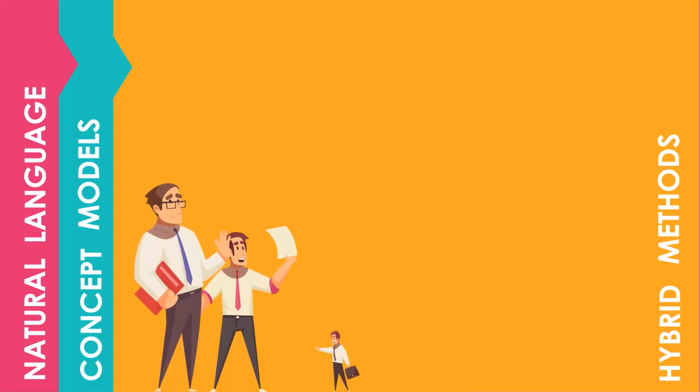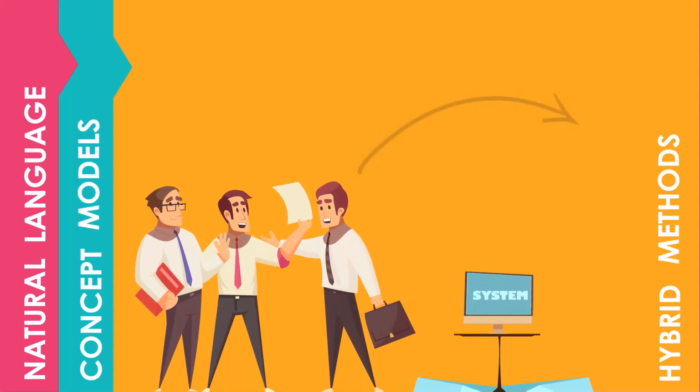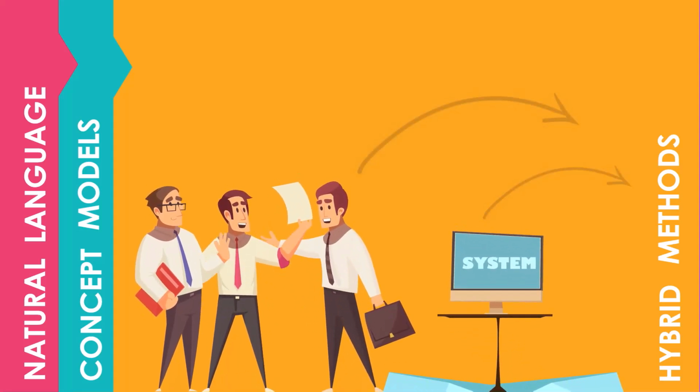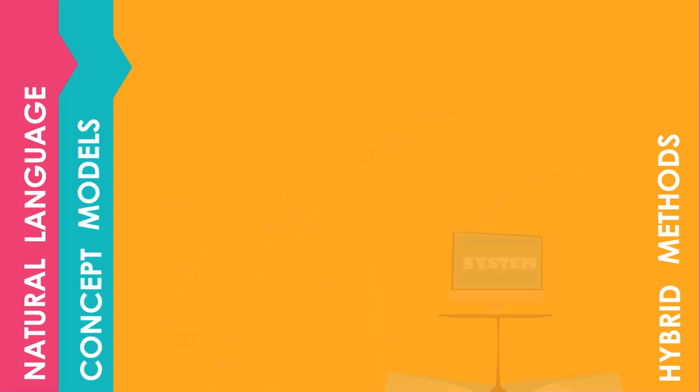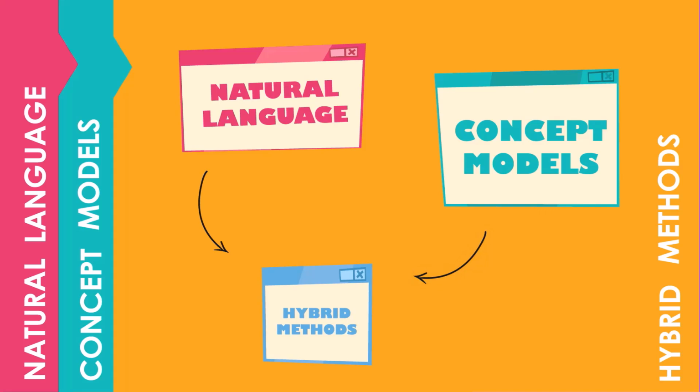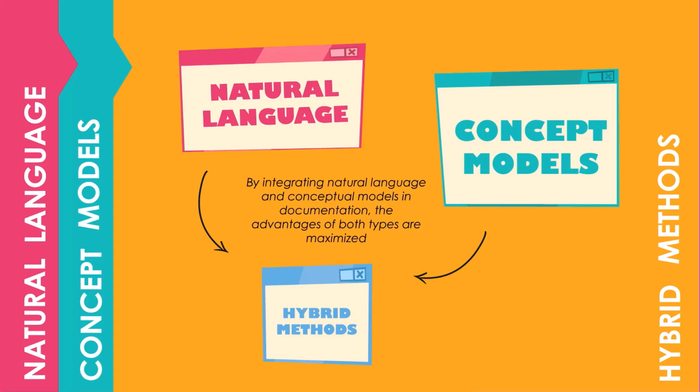However, suitable documentation types are selected depending on the document's target audience, the perspective on the system, and the documented knowledge. Documents often utilize a hybrid approach, combining natural language and conceptual models to minimize the disadvantages of each type while leveraging their strengths. By integrating natural language and conceptual models in documentation, the advantages of both types are maximized.